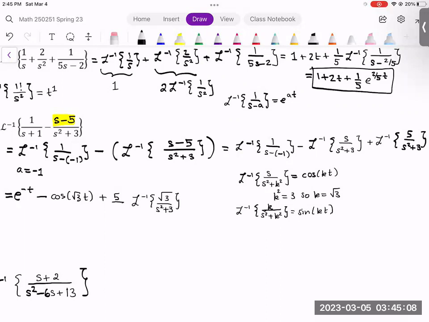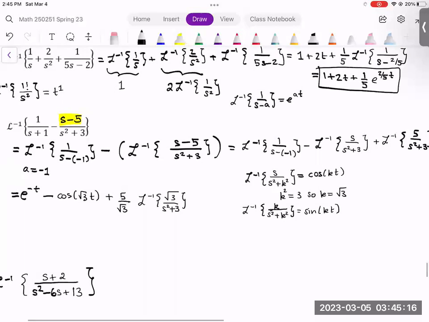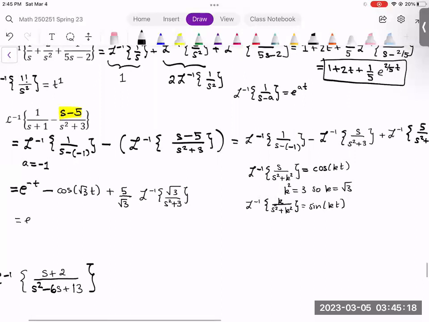But I don't want to change the value of my expression, so I'm also going to divide by square root of 3. Okay, and so that gives us sine of square root of 3 t. So plus 5 over square root of 3 times sine of square root of 3 t.